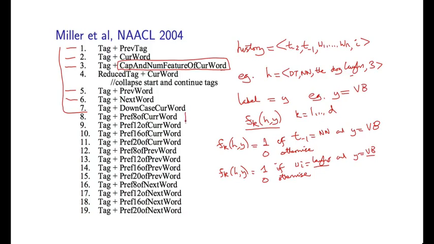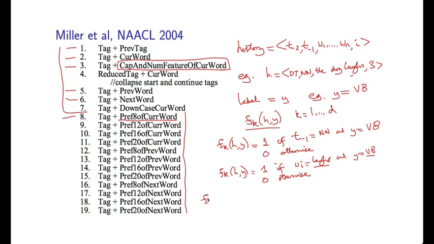What's new is these new features which look at the Brown clustering information that I was just describing. So what does this mean? This says it's a feature looking at the tag and the prefix 8 of the current word. This essentially is going to look at the first 8 bits of those bit string representations that I showed you for Brown clusters.